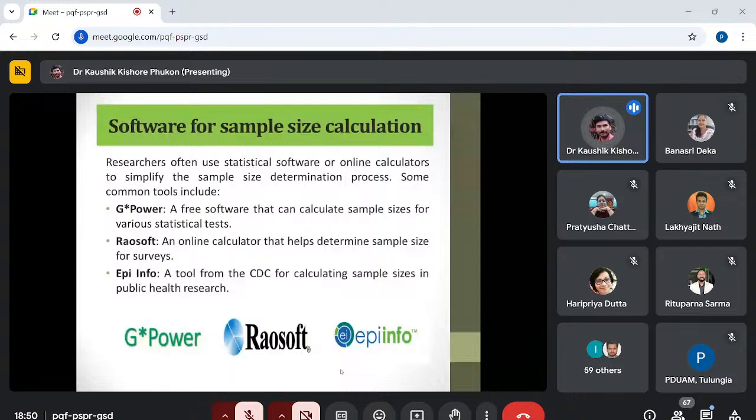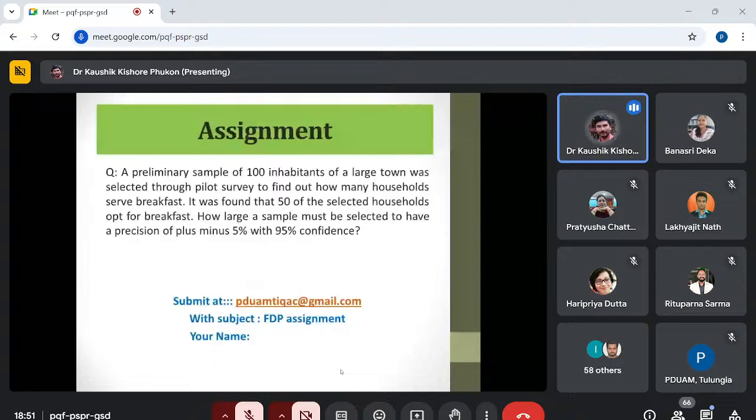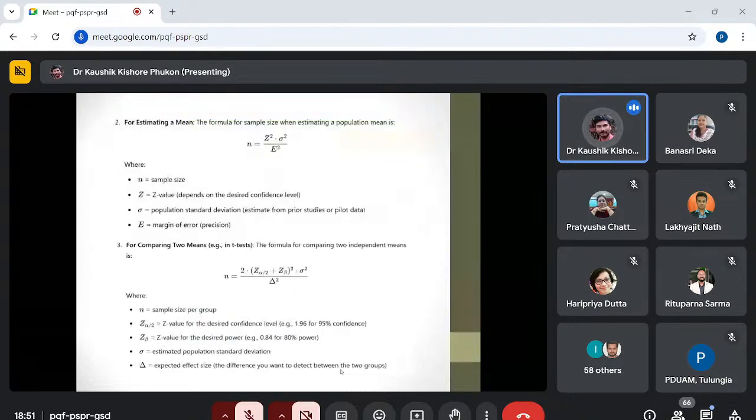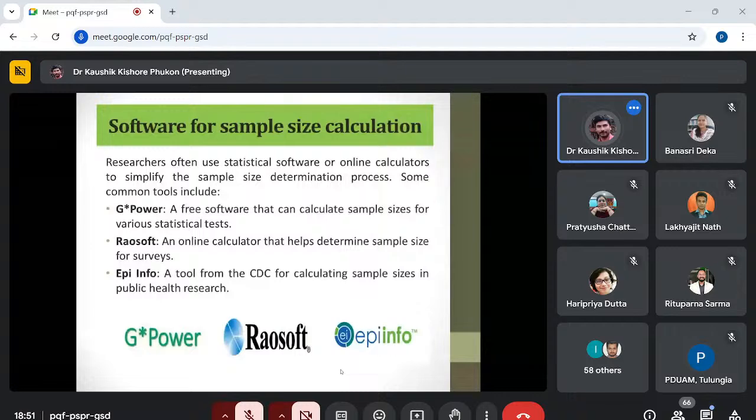Then Epi Info, a tool from the Centers for Disease Control, CDC, for calculating sample sizes in public health research. Other softwares are also available. I am just stating three of them. If you are a bit confused about these formulas, you can go for softwares.